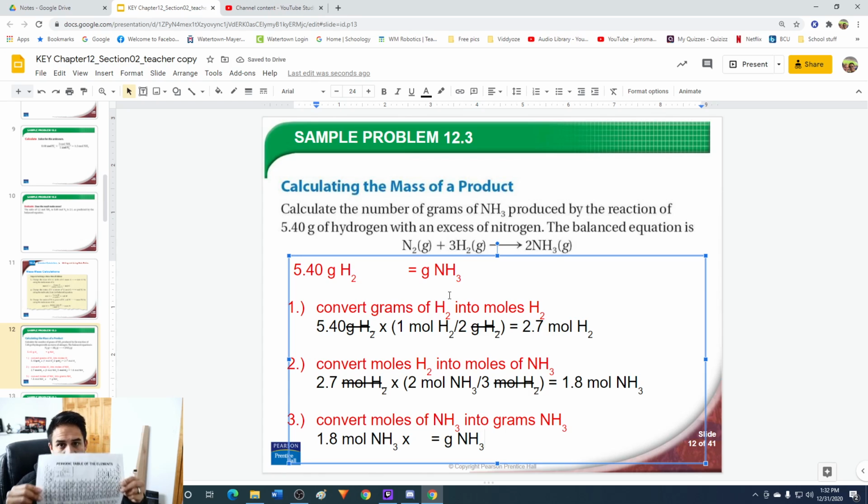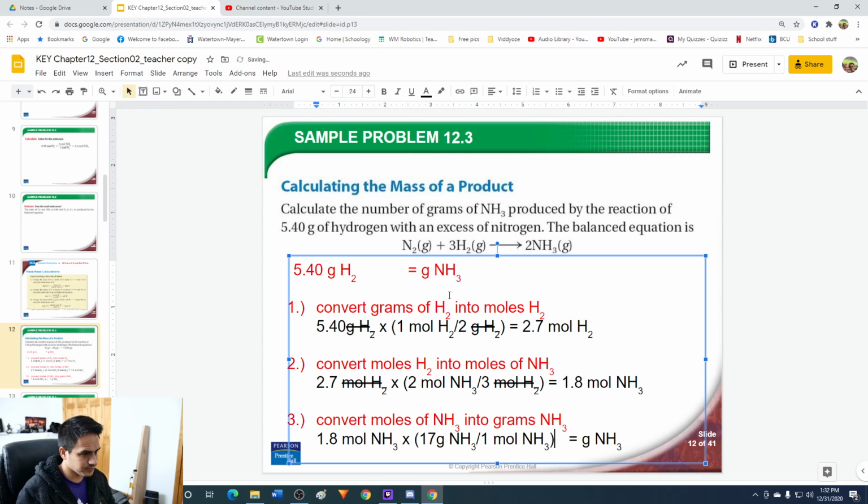Again, if you look on a periodic table, nitrogen has a molar mass of about 14. H has a molar mass of 1, and there are 3 of them. So the molar mass for NH3 is about 17 grams per mole. So 17 grams of NH3 over 1 mole of NH3, like so.